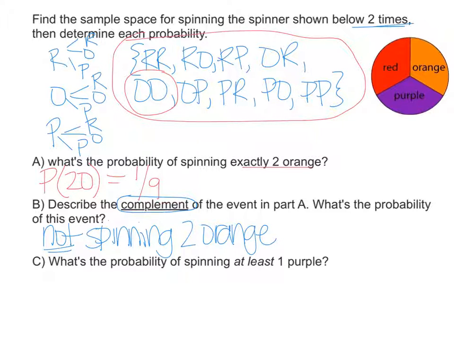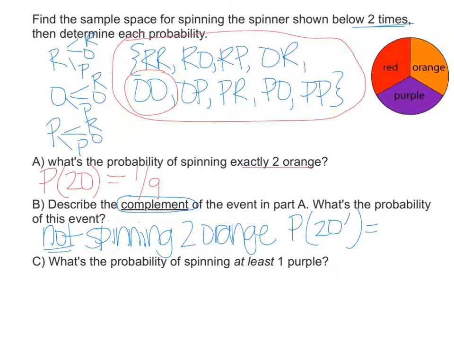So what you can do, if it's not so easy to do the math in your head, what always works is you can just subtract. So now first let me show you the notation. So if you're using complement notation, usually we write that event again. So there's my 2 orange, but I'm putting this little dash. It's kind of like a long apostrophe that shows complement.